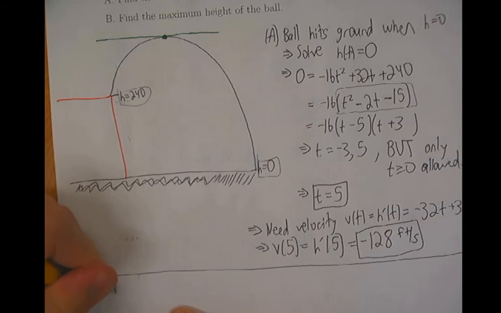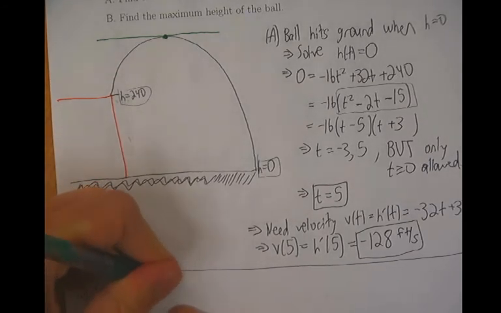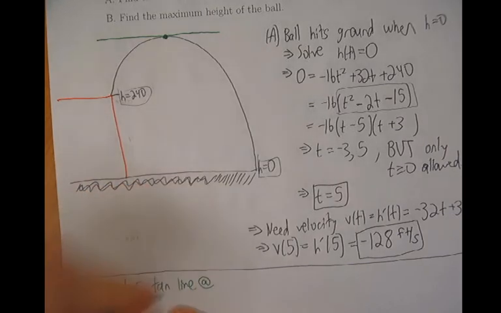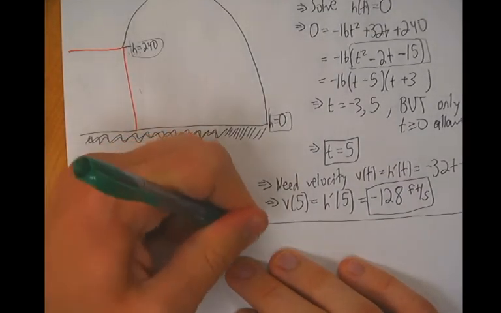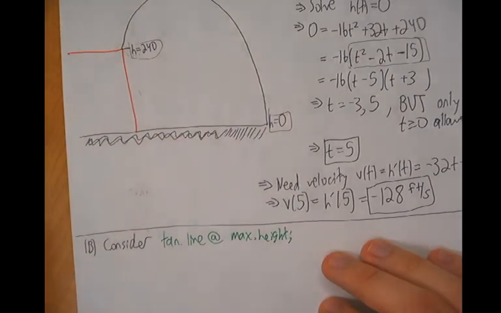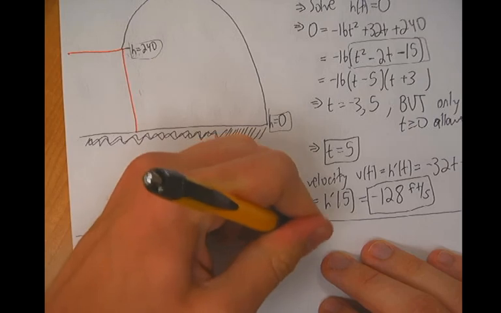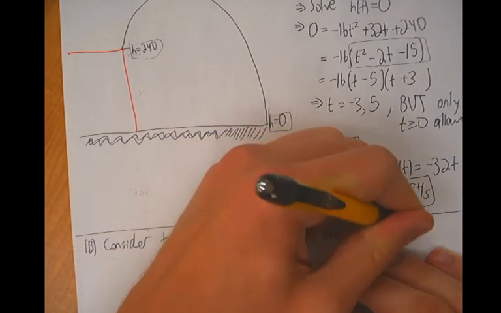So consider the tangent line at max height. The line has slope equal to 0.